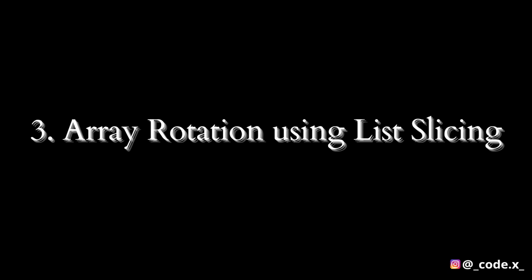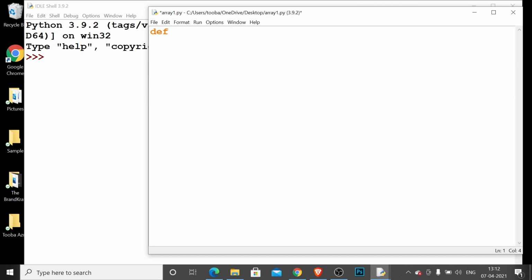Third, array rotation using list slicing. def rotateList(r, d, n): r[:] = r[d:n] + r[0:d], then return r.